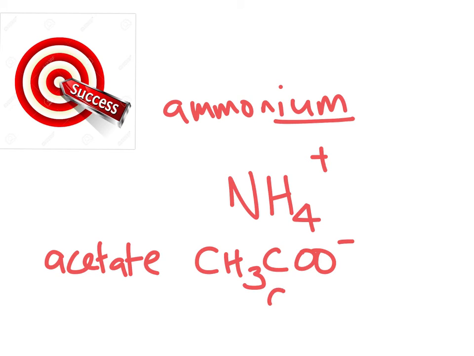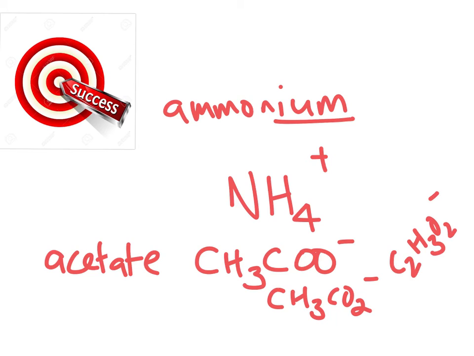You may see it as CH3CO2 negative. Or you may even see it as C2H3O2 negative. In all cases, you'll notice that it still has a negative charge, but the way it's written is dependent on what kind of class you're in and what the use of it is.